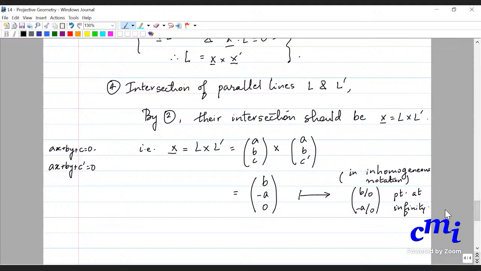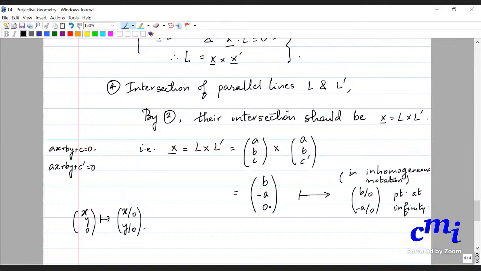Okay. So points of the form x, y, 0 are exactly the points at infinity in the homogeneous notation, because they will correspond to points of the inhomogeneous notation. This will be the point x by 0, y by 0, which is a point at infinity.